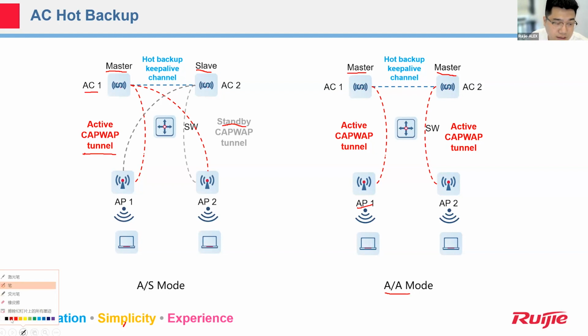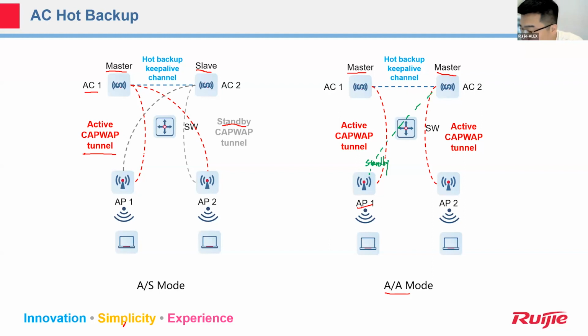Let's change the color. AC1 is a master and AC2 is the standby. And AP2 is the same. For AP2, AC2 is the master, while AC1 is the backup or the standby AC.